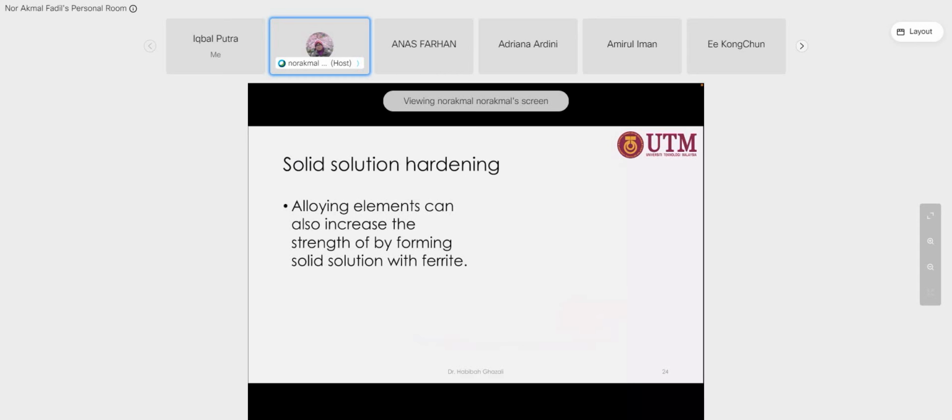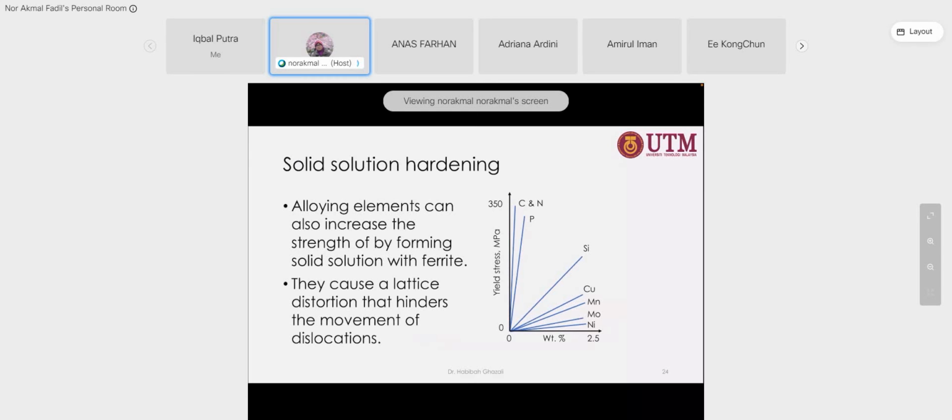Besides that, there is solid solution hardening. By adding alloying elements, it can increase the strength by forming a solid solution with ferrite. They cause a lattice distortion that hinders the movement of dislocations. This is the effect of alloying elements on the strength.